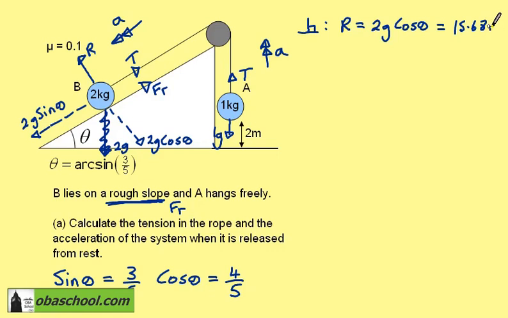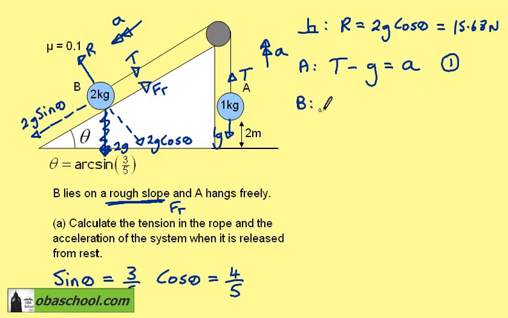So this calculates to 15.68 newtons. Now looking at object A. It's accelerating upwards, so the resultant force must be T take away 1G. And this must be equal to its mass times the acceleration. And of course its mass is 1.